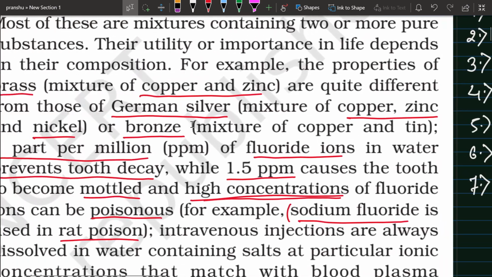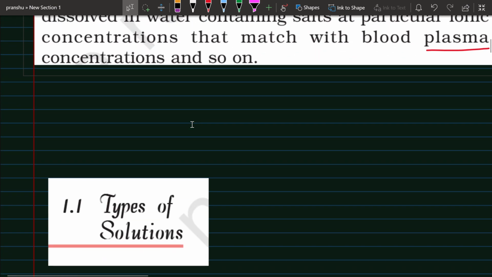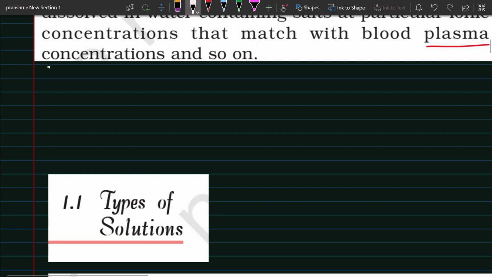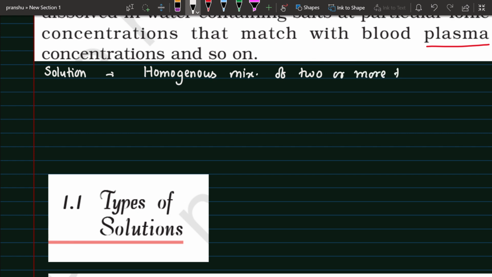Let's start the detail. What is a solution? A solution is nothing but a homogeneous mixture of two or more than two components.